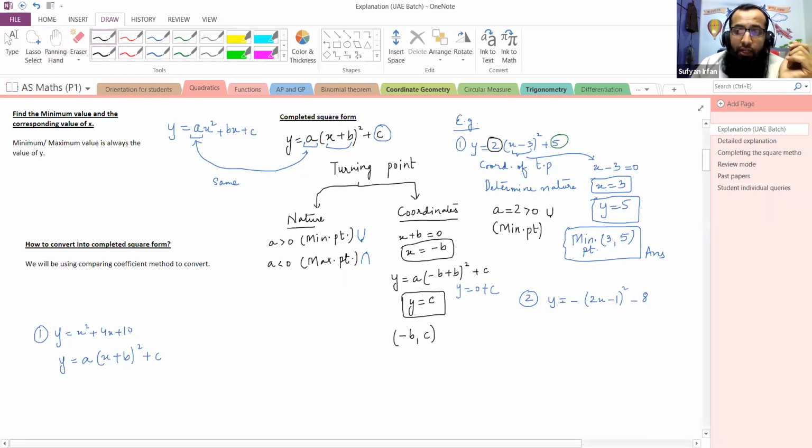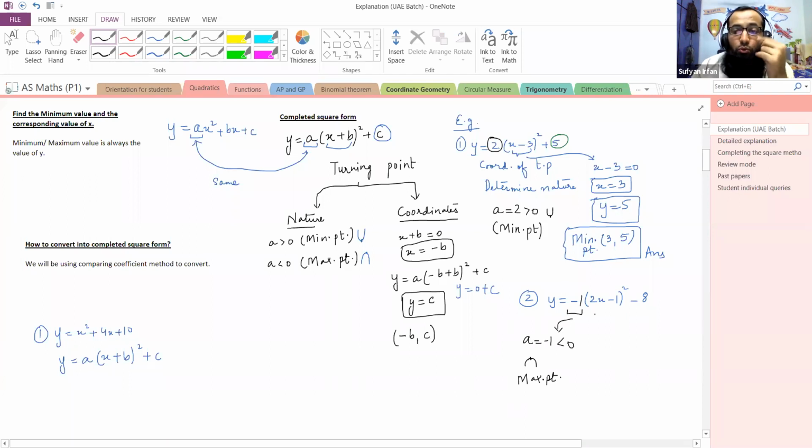If nothing is written, it's negative 1. So if the value of a is negative 1, then this means it's less than 0. And if it's negative, it's a sad face. And when it's a sad face, it is a maximum point.